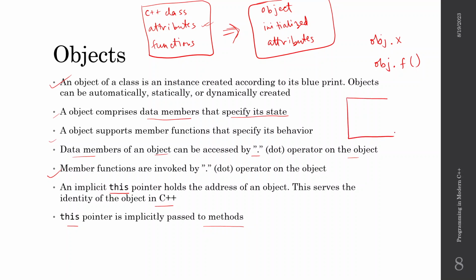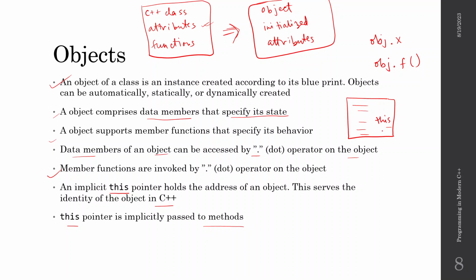So let us say we have written the code for a C++ class. Now inside this code, we can make use of a special pointer called this. This is a special pointer which is available inside a class.